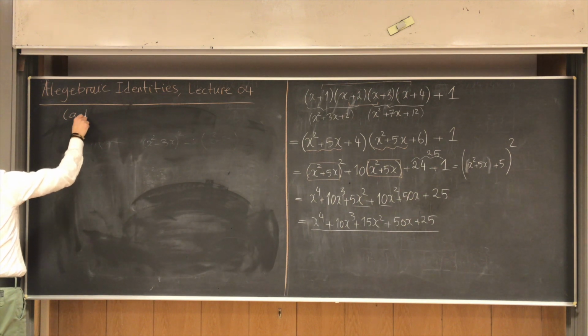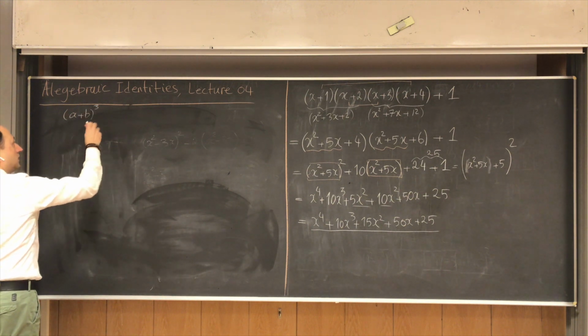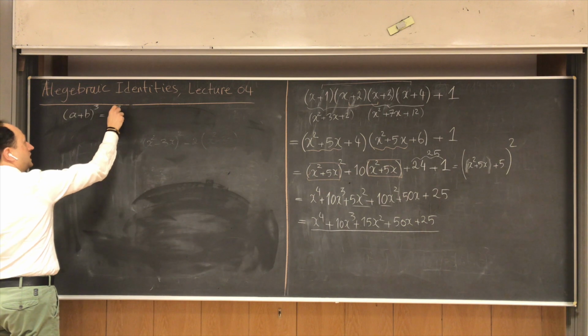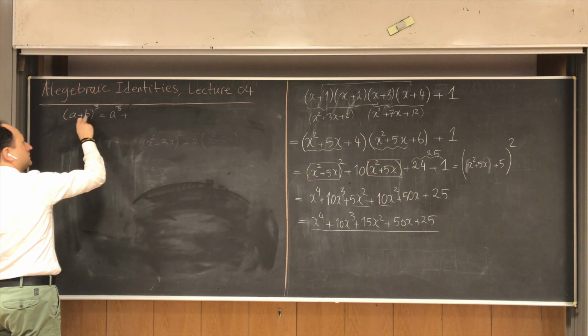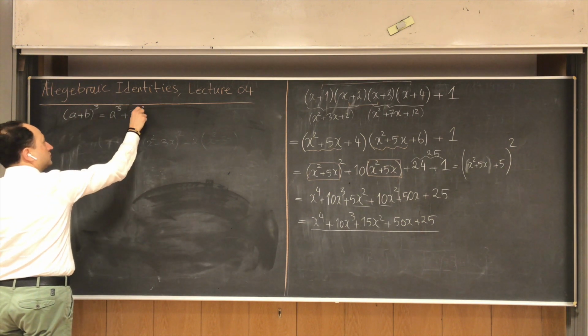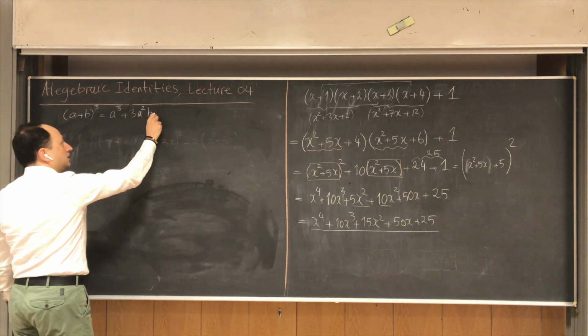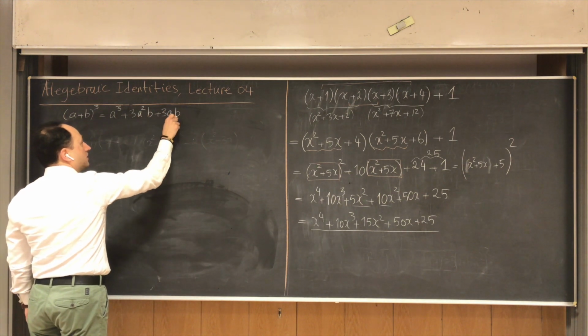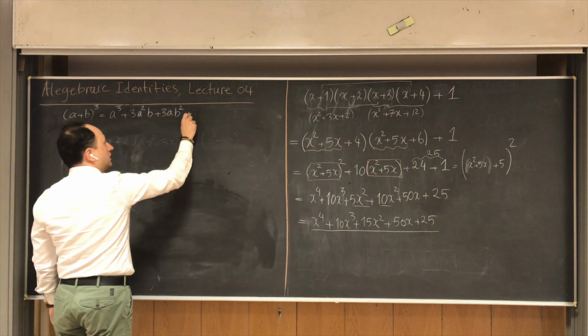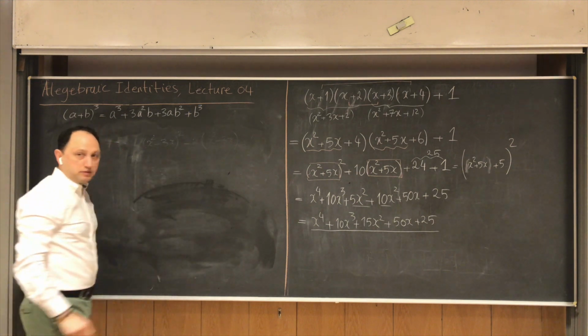We had a plus b to the 3. We had this identity that this is a to the 3 plus 3 times the first one to the 2 times the second one plus 3 times the first one times the second one to the 2, and finally we had the second one to the power of 3.